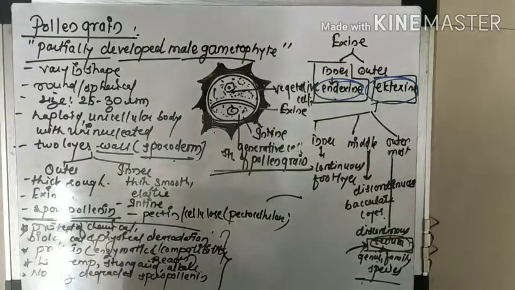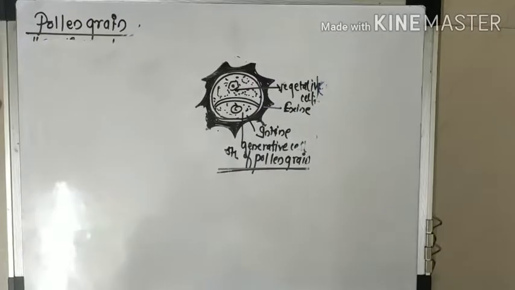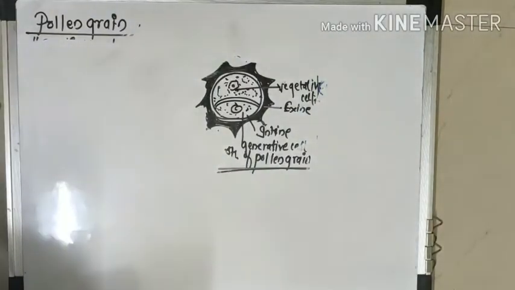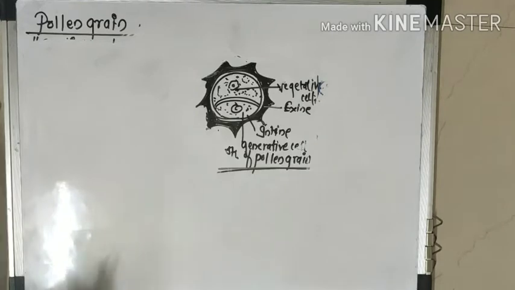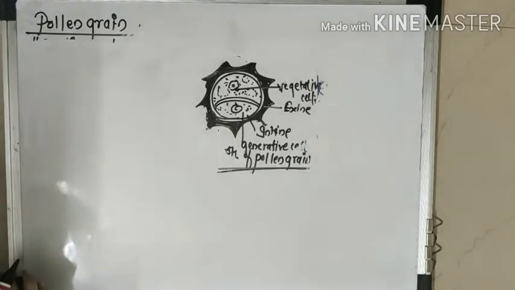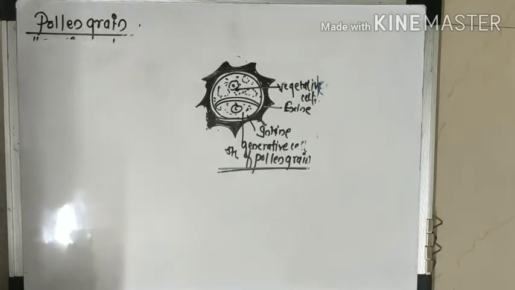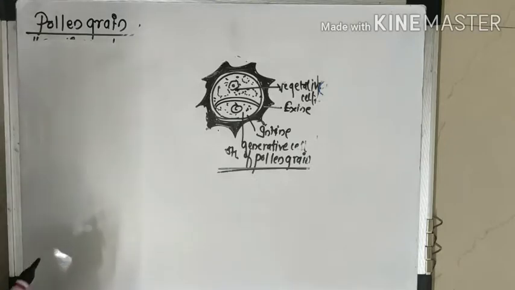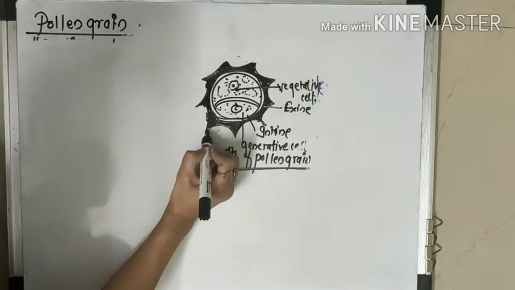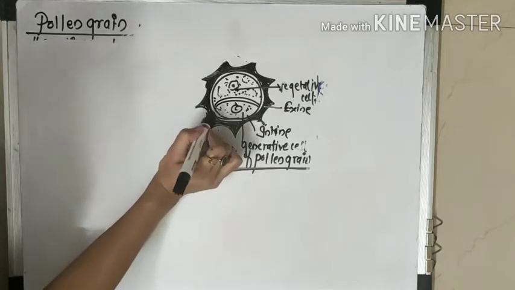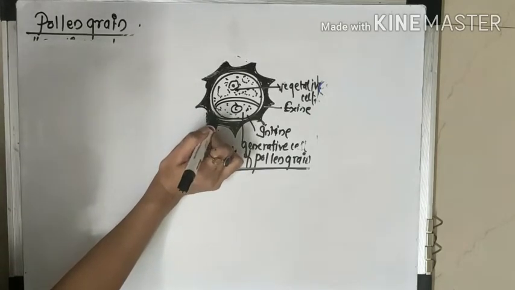Alright, so as we know the inner and outer layers, you can see these pollen grains contain regions of pores.